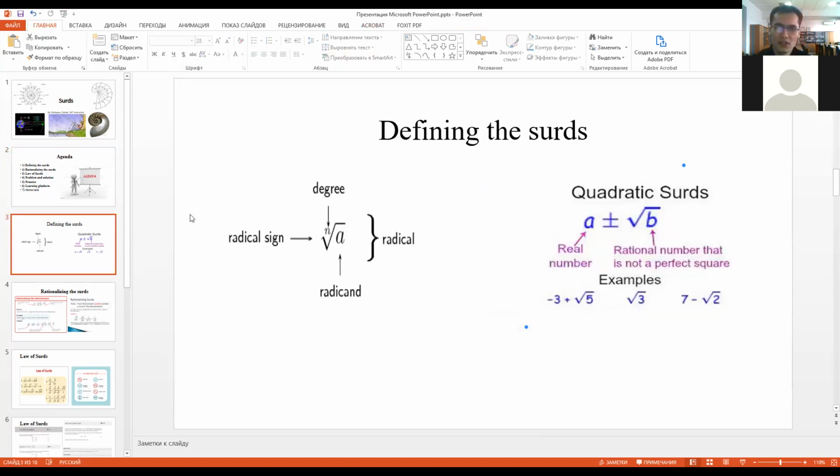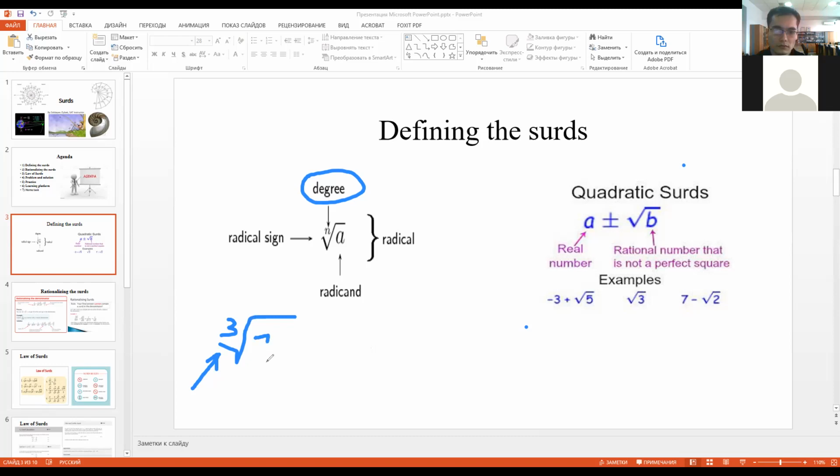Okay, let's define surds. As you can see here, the components of a surd have their own names. For example, degree. Okay, this 3. What is the degree of this root? Can you tell me? So 3. Yes. And what is the name of this?